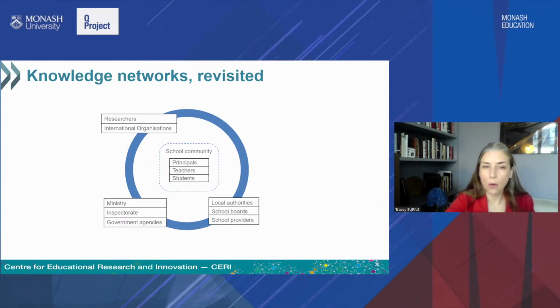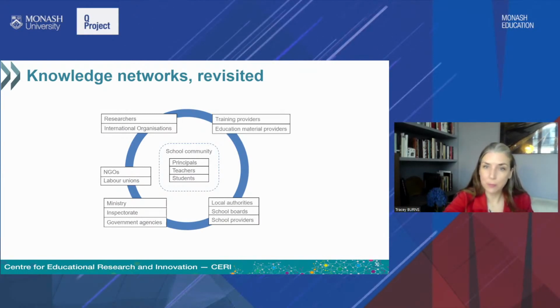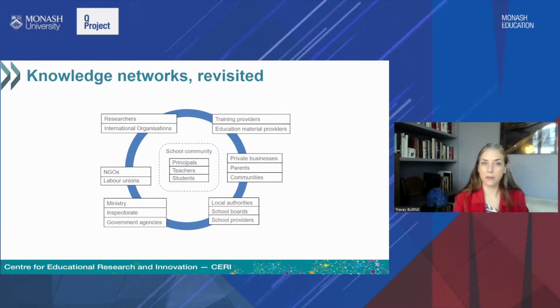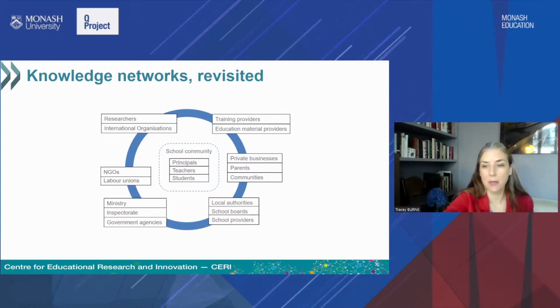But in addition, over time, we have very clear actors: labor unions, nonprofit organizations, training providers, the textbook publishers, and the people who are training teachers and teaching assistants, who are also active in this discussion. And of course, the private sector, parents, increasingly important, and the community themselves. And lastly, but not least, the media.